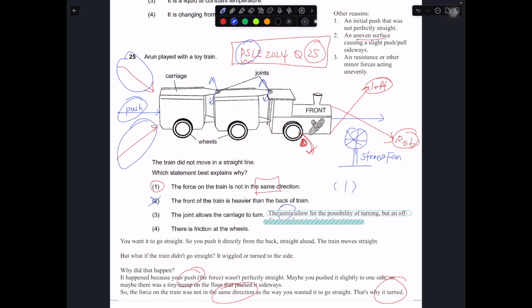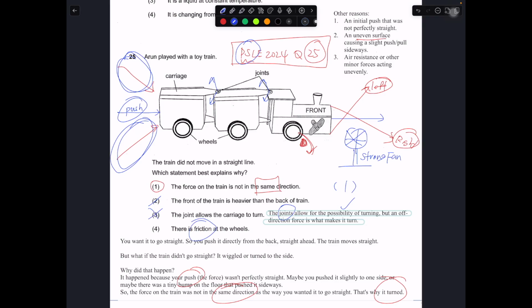The joint only affords the possibility of turning, but an off-direction force, which is the red color arrow over here, is what makes the train turn. If you don't have this off-direction force applied, the train will still go straight as it's supposed to, even though there is a joint.